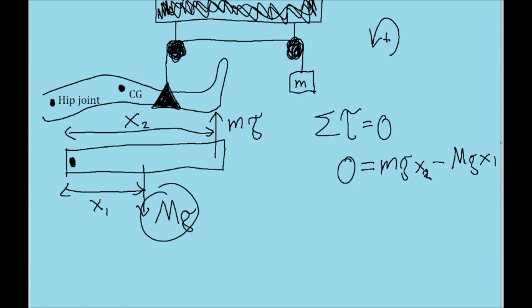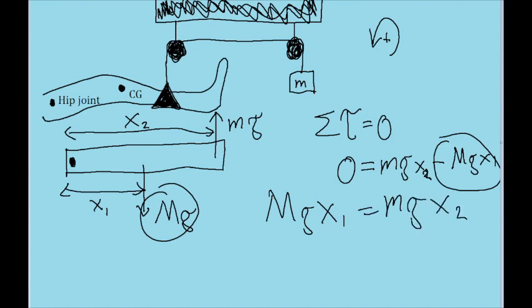So all we have to do now is algebraically rewrite this equation to solve it for small m. First I'm going to bring this term over by adding it to both sides of the equation. So we get big M g x1 equals small m g x2. Now conveniently, these g's can cancel out, so we're just left with Mx1 equals small m x2.